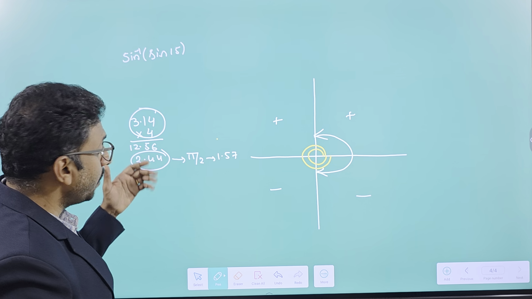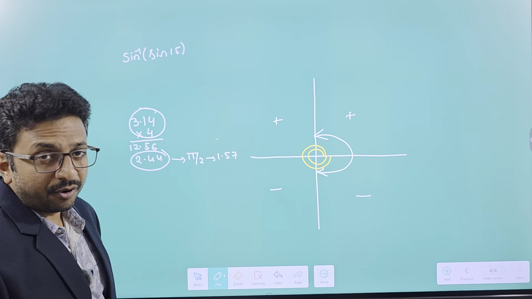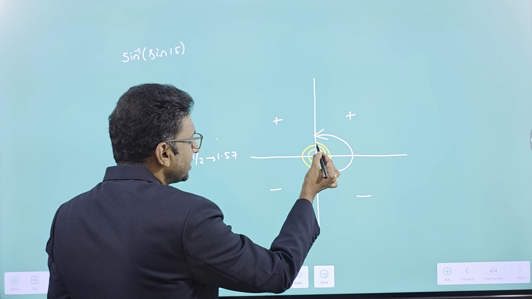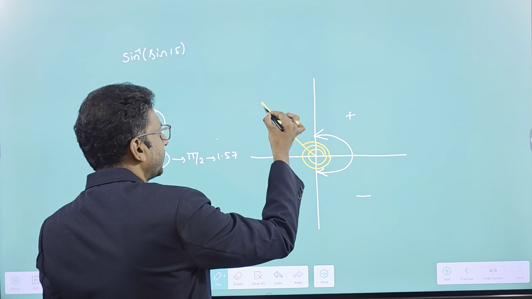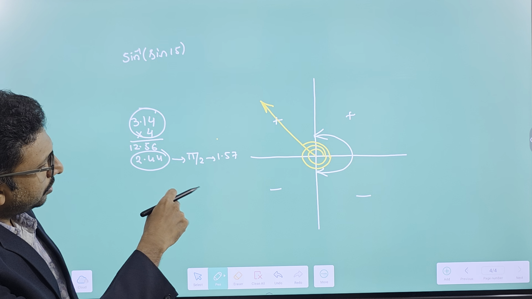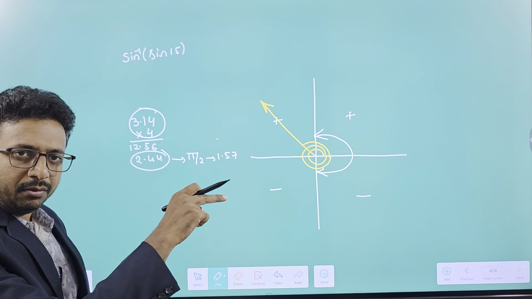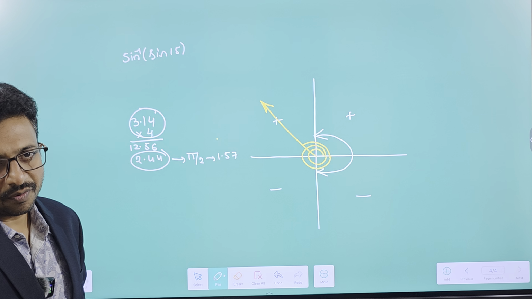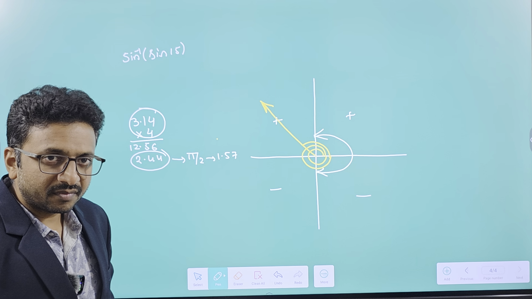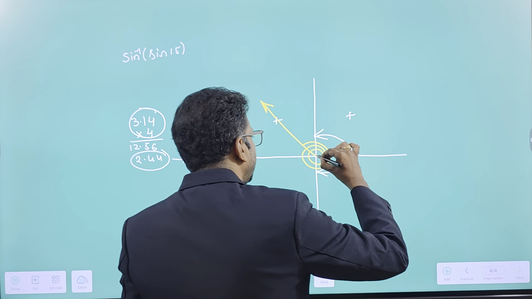Now we are at 12.56 plus 2.44 radians. That means plus 1.57, pi by 2, plus some radians. So the ray has stopped after 2 rotations and a pi by 2. You have stopped in the second quadrant. So clearly this ray is outside the range. So we need to do the reflection.